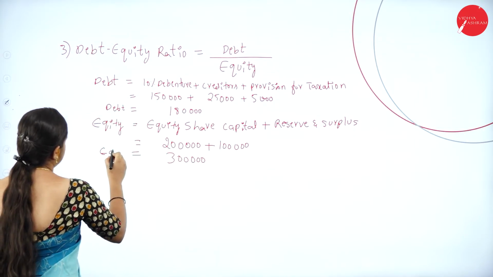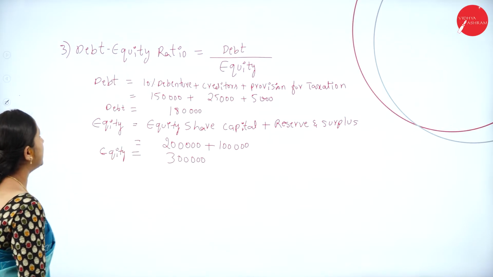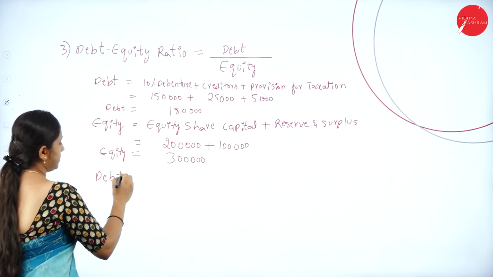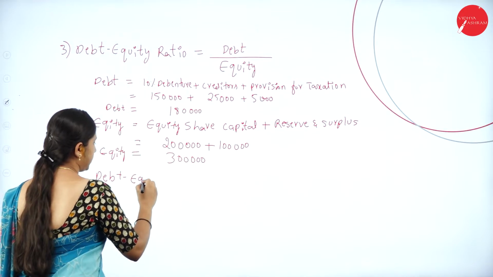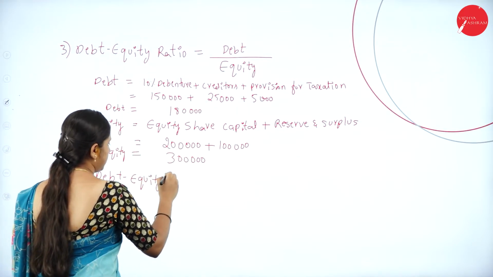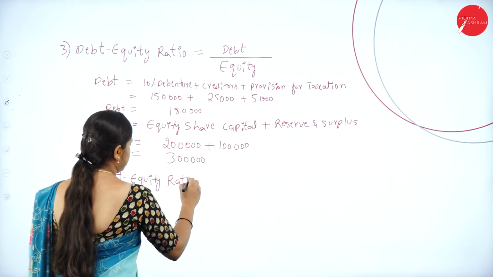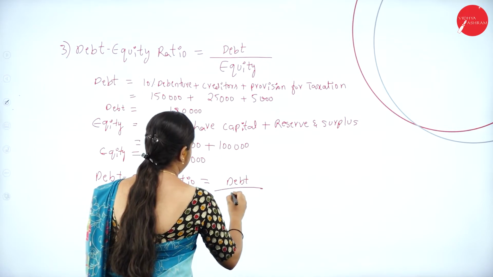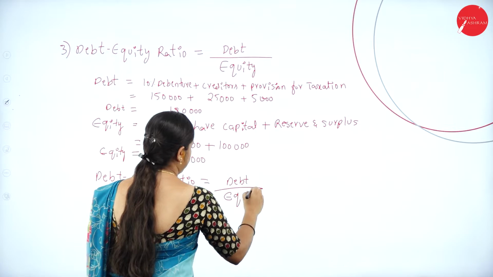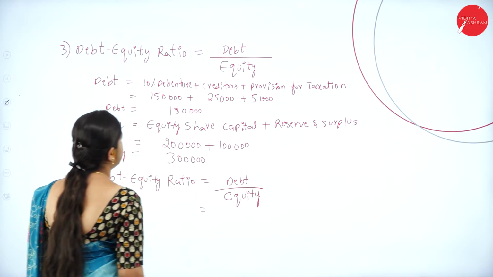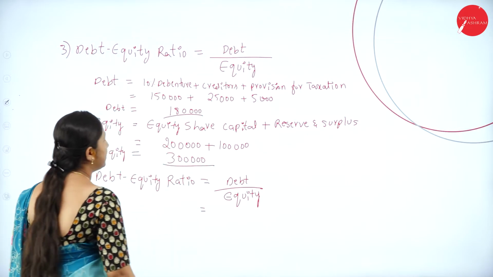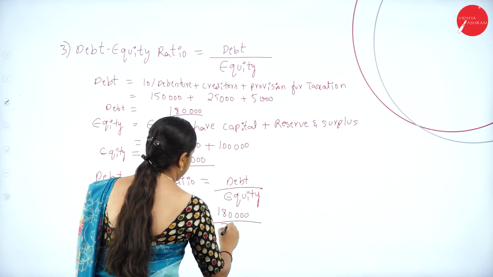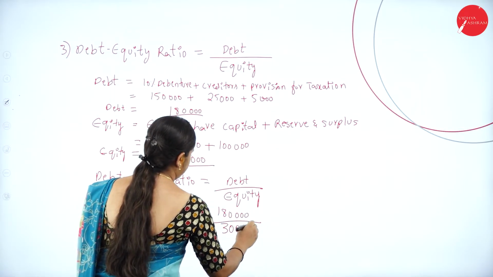and equity. Now we can calculate debt equity ratio. Debt equity ratio is equals to debt by equity, that is 1,80,000 divided by 3 lakh.